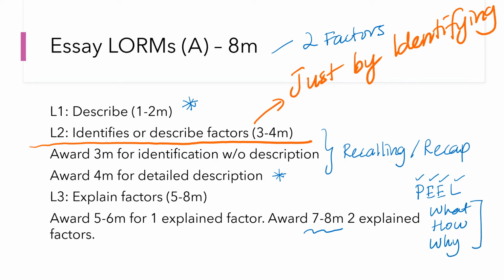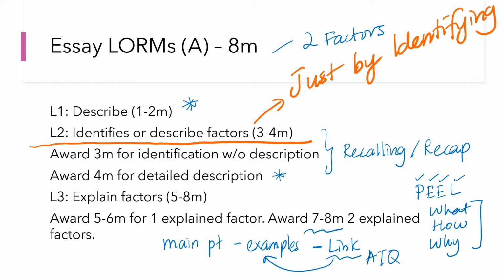Okay, now as long as you have a main point, as long as you have examples, as long as you have a link, that would actually be an explanation. So the link is to actually use the examples to answer the question.